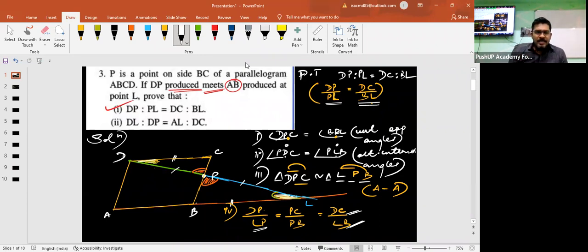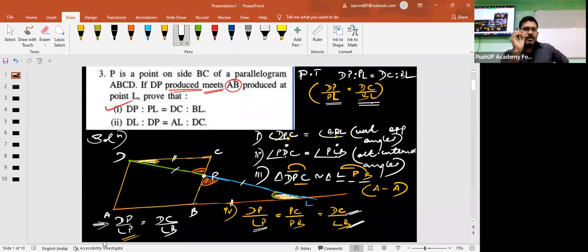All right. So let's take these two ratios and write the required result, which is DP upon LP is equal to DC upon LB. Hence proved. Easy.